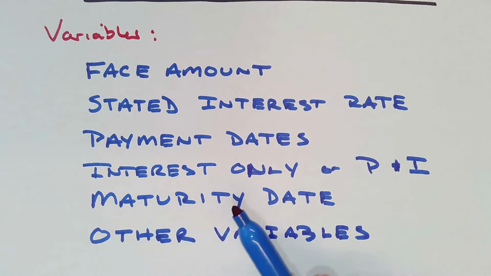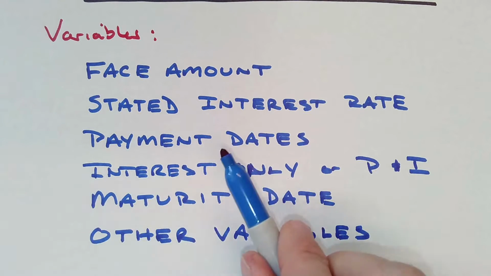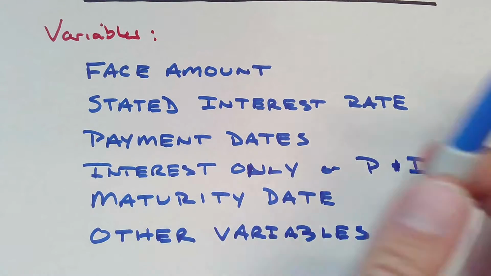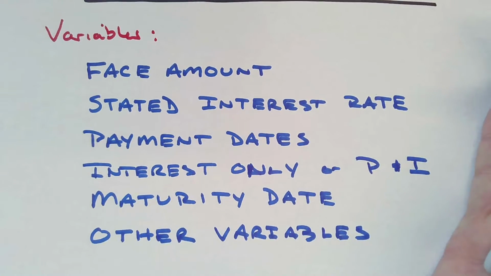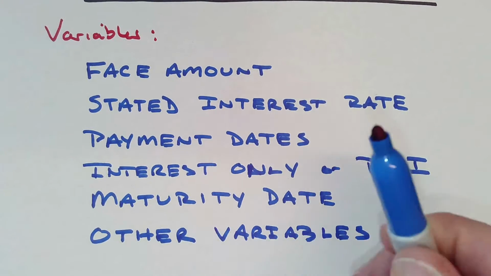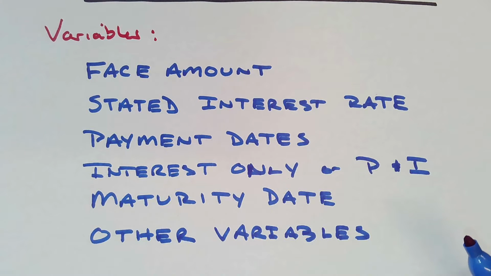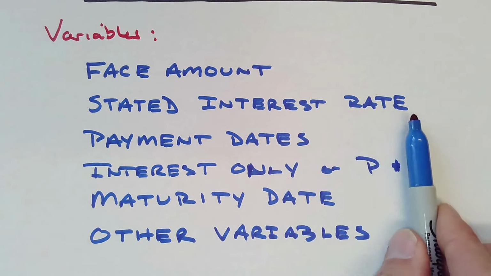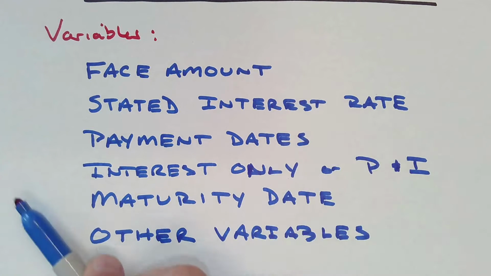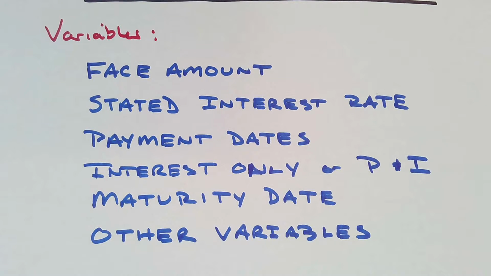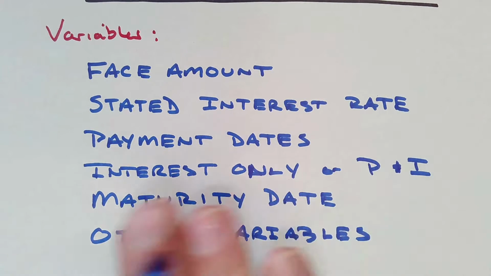Can the company call the debt? Can they bring the debt back in, right? So other variables that might affect how much money somebody's willing to give us. Right? If the interest rate is variable versus fixed, right? All of these things are variables that we would want to take a look at within the guise of a contract liability.